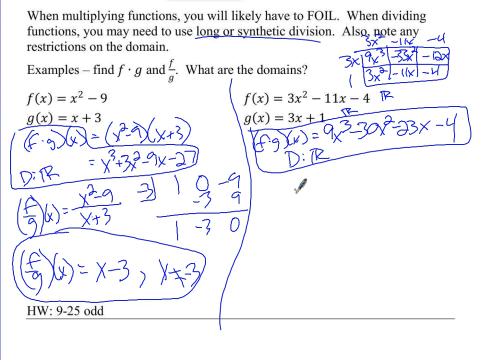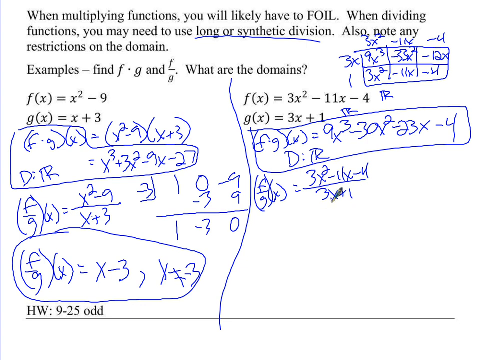f divided by g of x. I'm going to set that up. f is on top. g is on the bottom. What do I need to do? Long division here. I'm going to avoid synthetic division on this one because of this 3 in front.